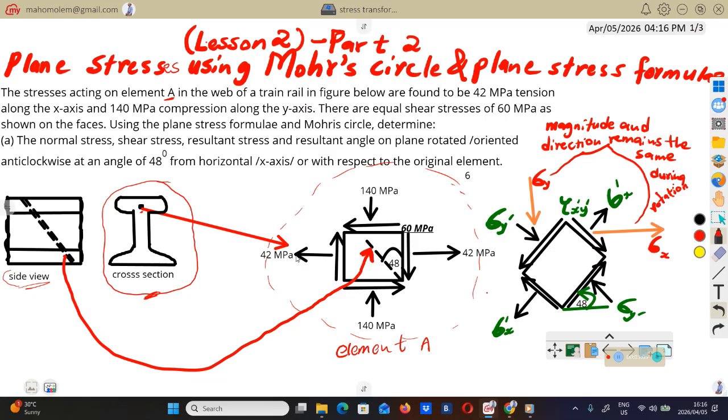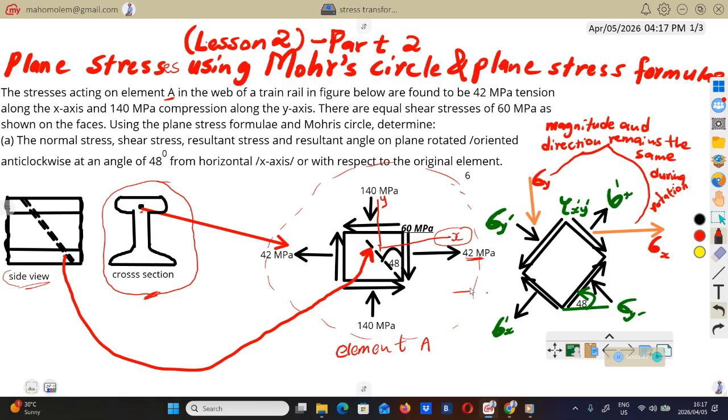The stress is found to be 42 MPa in tension along the x-axis. Let me put it here: this one is y, this one is x. So along the x-axis, we have a tensile stress of 42 MPa.